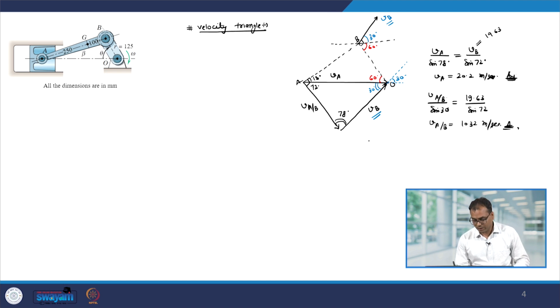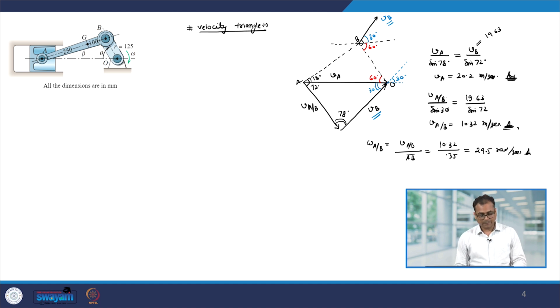Therefore, we can find out what is omega AB, the angular velocity of A with respect to B. It will be VAB divided by the length AB. So, that will be 10.32 divided by AB is 350 mm. So, that is 0.35, comes out to be 29.5 radian per second.